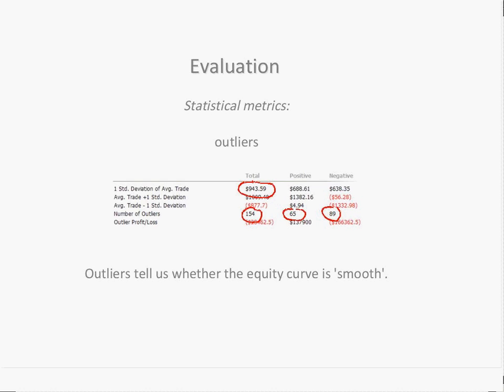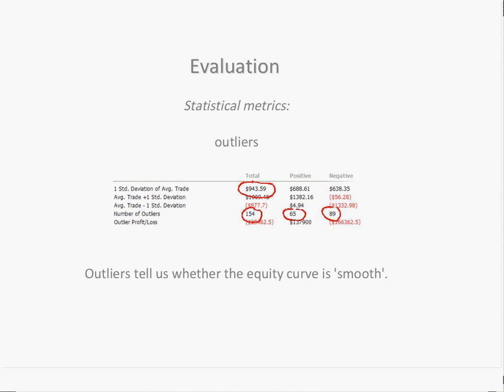Another statistical metric is outliers. So what is an outlier? An outlier is a trade whose value is too far from the average. What is too far? Of course, this is just the standard deviation of the average trade.